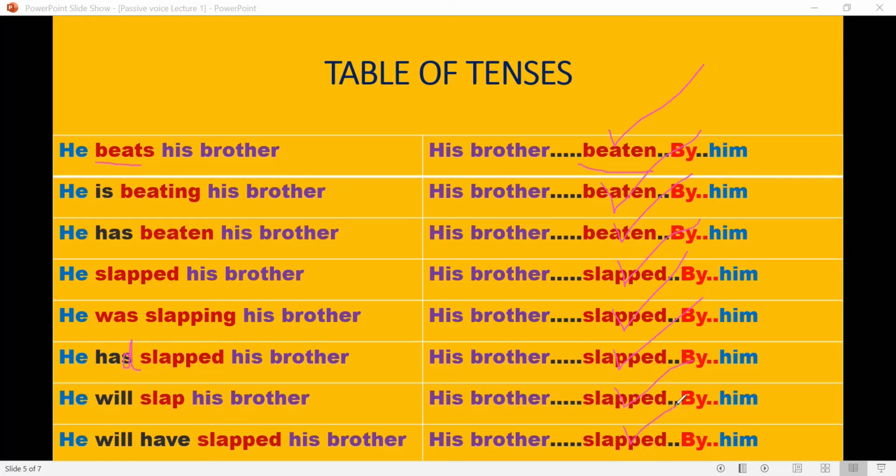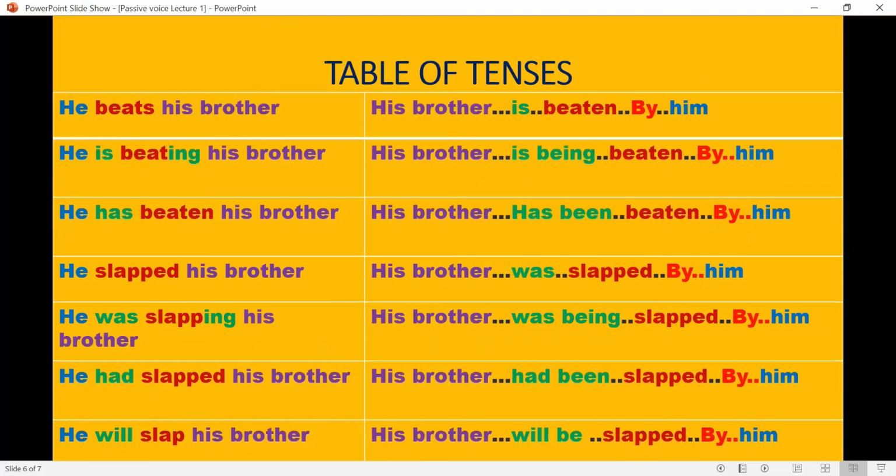In every tense of passive voice, we use the third form of the verb, whether it is present, past, or future. So, this is the third change which we make in constructing passive voice from an active sentence.